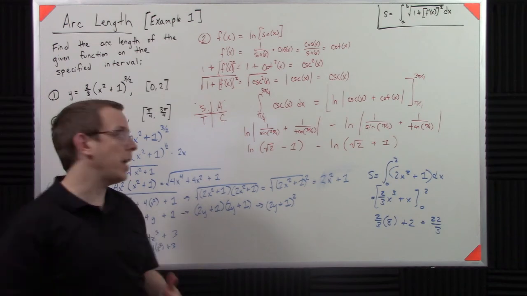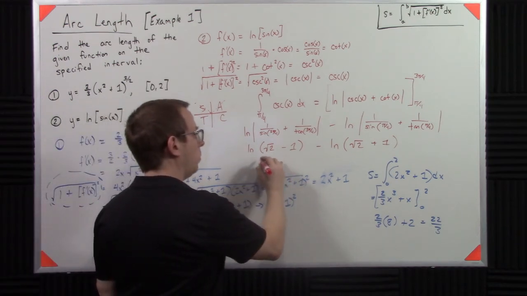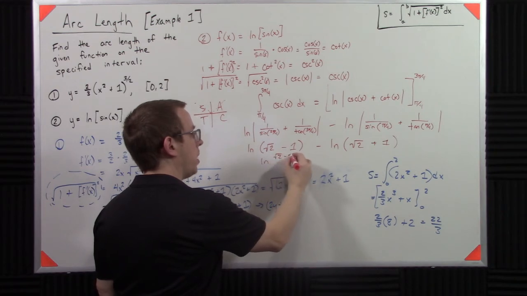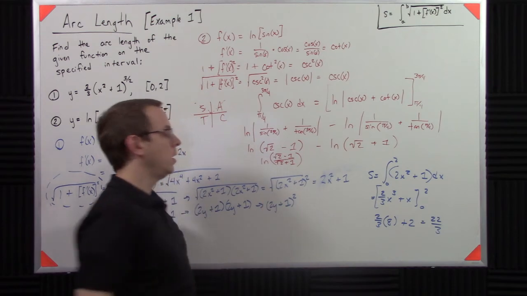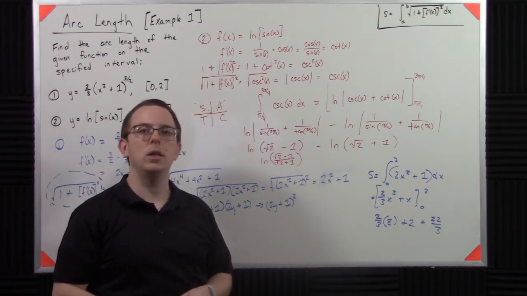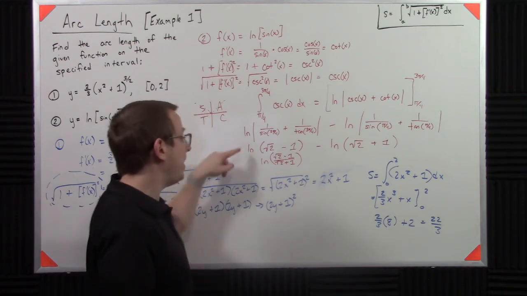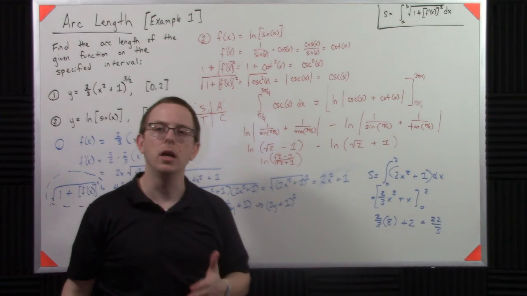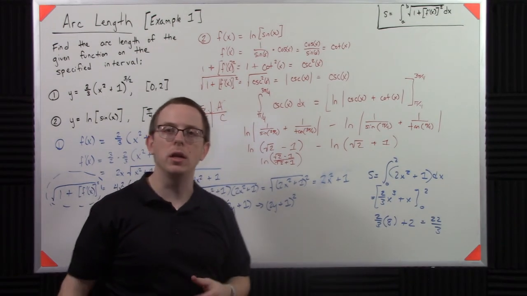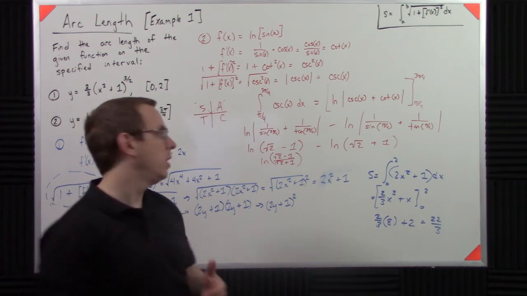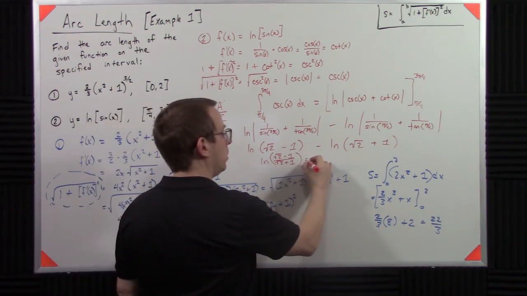At this point we can actually rewrite that as the natural log of square root of 2 minus 1 over square root of 2 plus 1. At this point you probably plug it into your calculator if you wanted to get it. If you want to keep going, you can multiply top and bottom by square root of 2 minus 1.